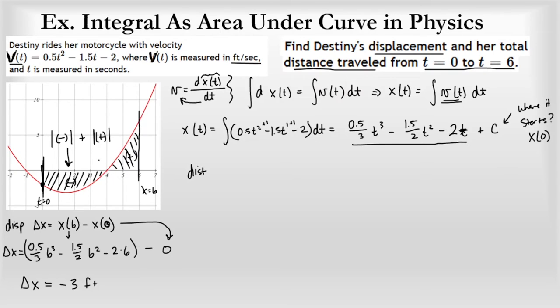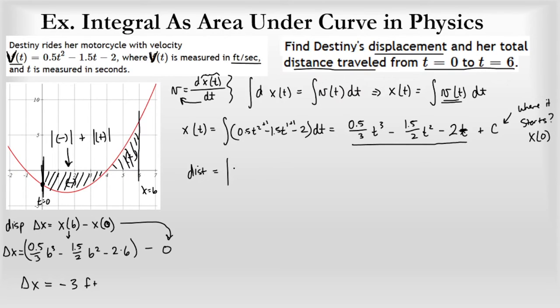Distance traveled says I don't care which direction, I want the total value. So I'm going to take whatever this negative area is, take the positive of it, and then add on this positive area, okay?